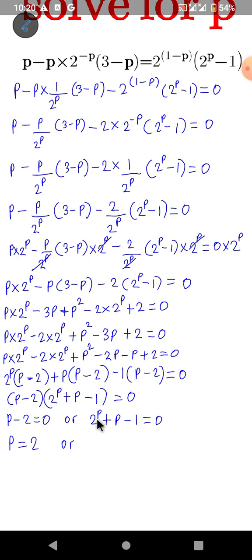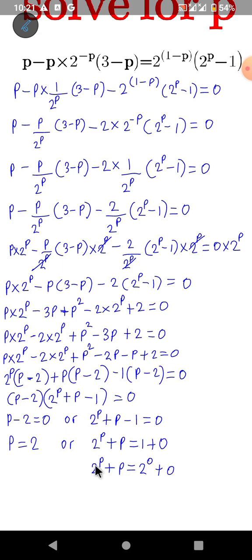Or now we have here 2 raised to the power of p plus p, which is now equal to, I'll take this minus 1 out to the right-hand side. So we have 1 plus 0. Then we'll continue again. 2 raised to the power of p plus p equal to 1 is still the same thing as 2 raised to the power of 0 plus this other 0 here.